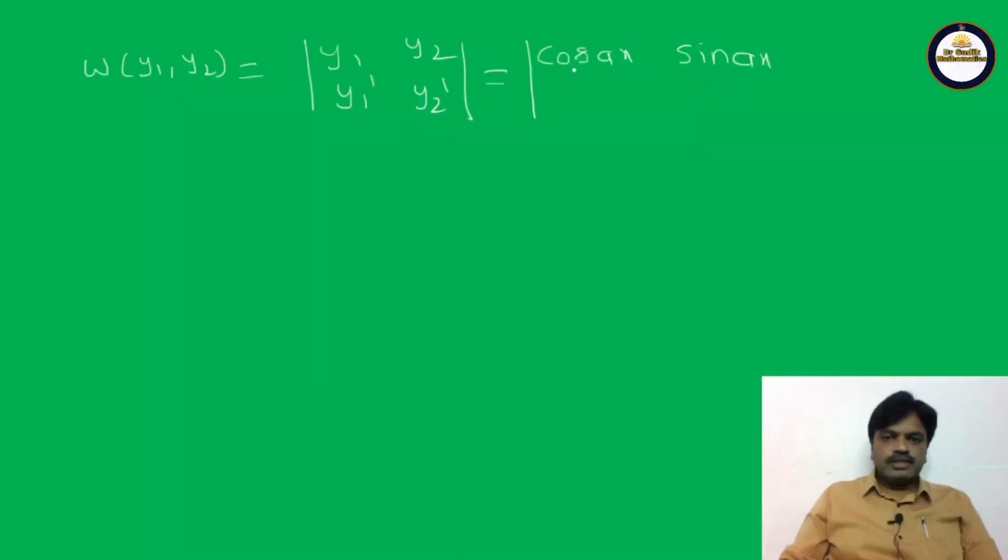The derivative of cos ax, we get minus sin ax into the derivative of ax, which is a, so we get minus a sin ax. For y2 dash, the derivative of sin ax is a cos ax. You expand the determinant: that is equal to a cos ax into cos ax, giving a cos square ax.